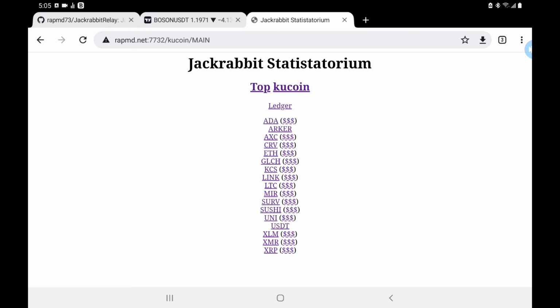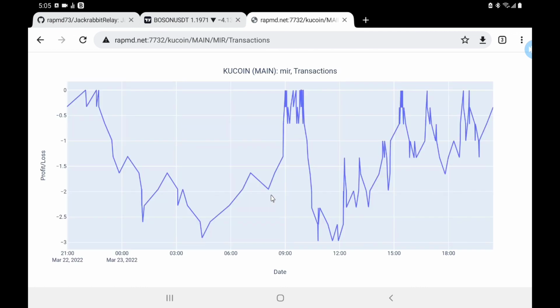Don't rely just on one tool, but don't overlook the power of that tool just because you can't see the profits directly. They are there, and they are working. It's just a matter of understanding where to look.